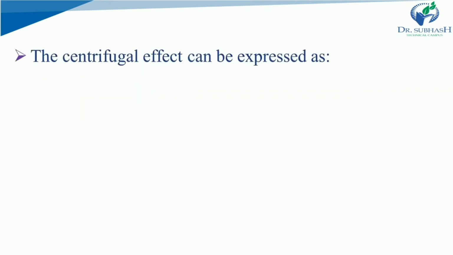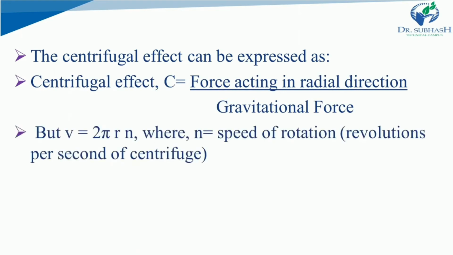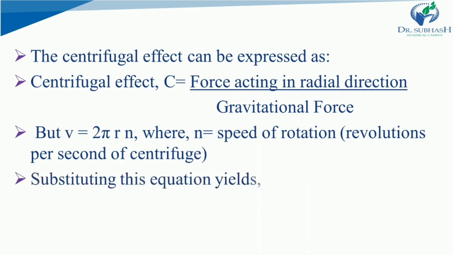The centrifugal effect C is equal to the force acting in radial direction divided by gravitational force. But v is equal to 2 pi r n, where n is the speed of rotation, that is rpm or rps, of the centrifuge.